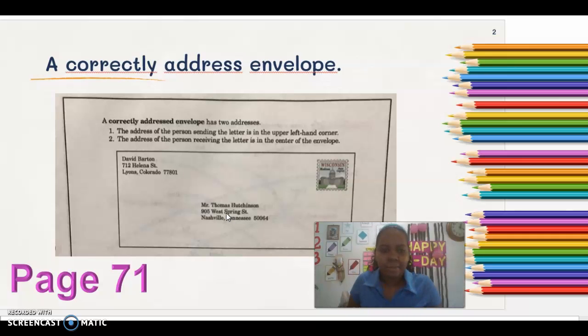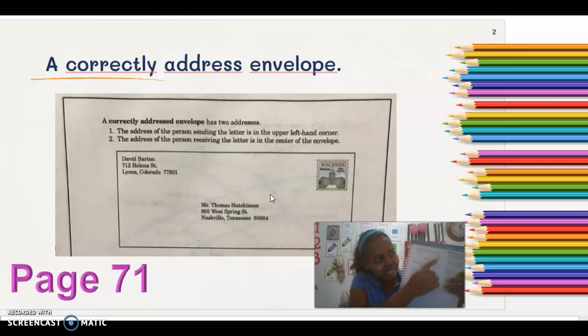So in the left corner, you write your information and your address. And in the middle, you write the address of the person who is receiving the letter. And here, in the other corner, on the right side, we paste a stamp. This is called a stamp.